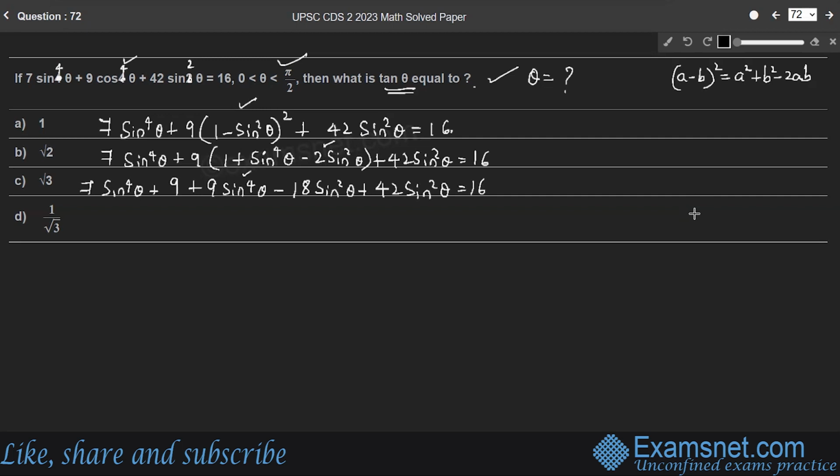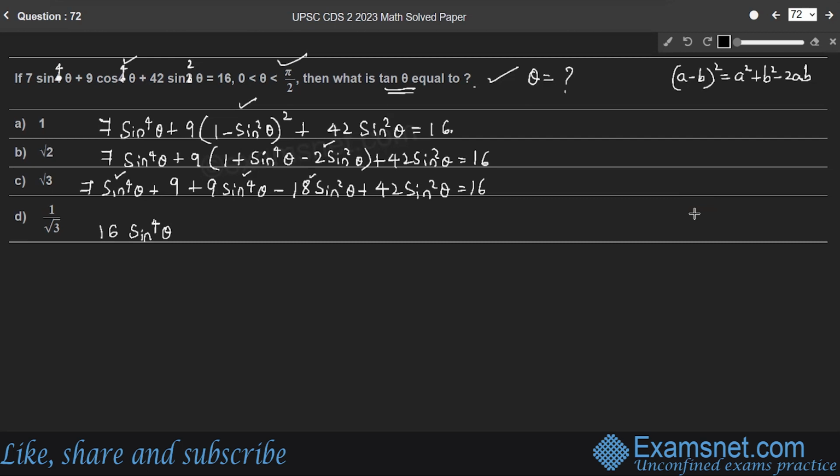We have two terms in terms of sine raised to 4 theta, so 7 sine raised to 4 theta plus 9 sine raised to 4 theta, which is 16 sine raised to 4 theta, right? So minus 18 plus 42.